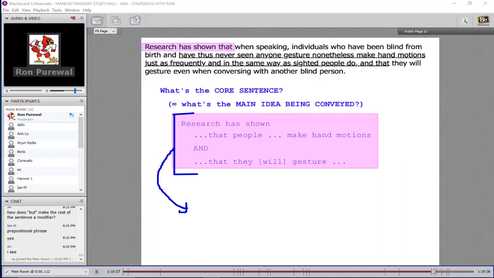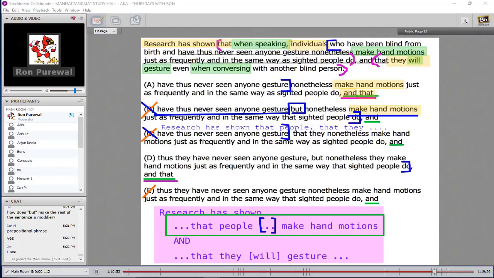You need to figure out at least this much of the structure before you even look at the choices. It is a very, very big deal. If you do that, you will immediately be able to eliminate the two choices that have "but" in them, because there's nowhere to put "but" in this part. It just doesn't make any sense if you try to put it there.